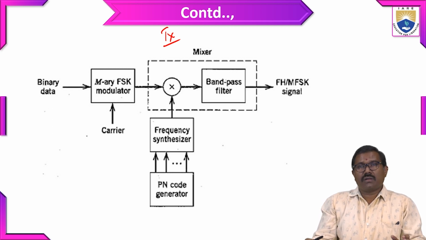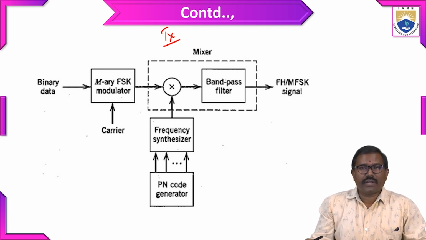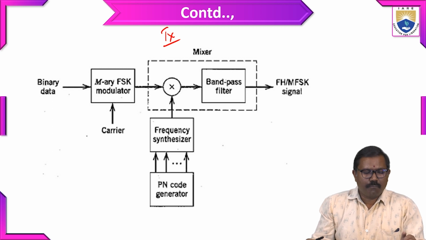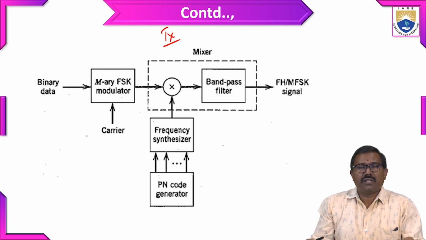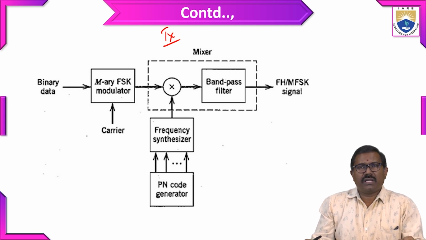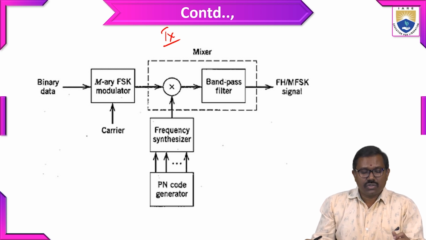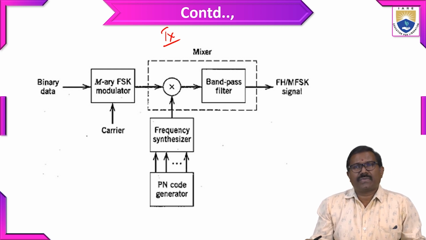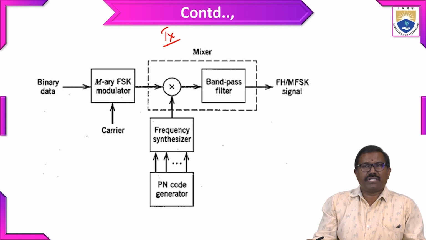That means an already modulated signal is modulated again. So simply we can call it double modulation. First, the binary data is taken from the left-hand side. The binary data may be 1, 0 like this, and the modulator here is MFSK. Already you know frequency shift keying, how the frequency is changing. Here I am using a carrier. So this is the first modulation.